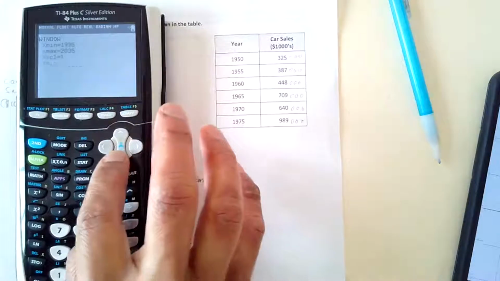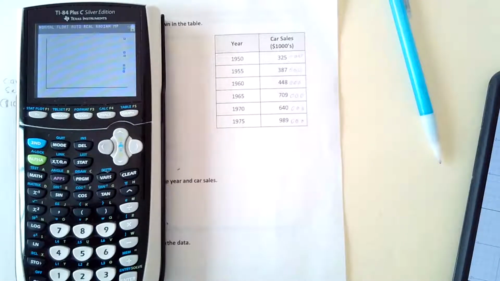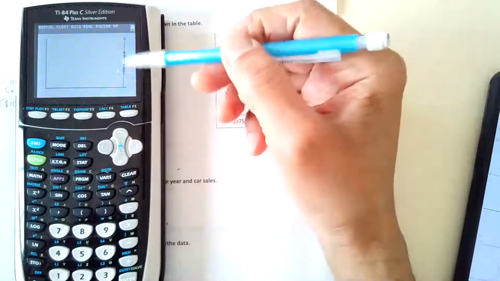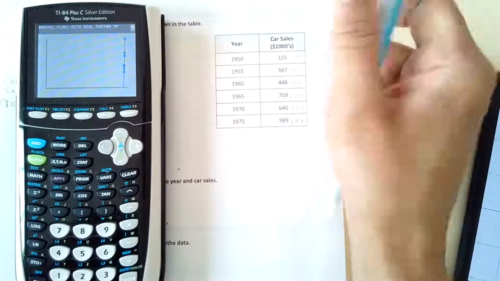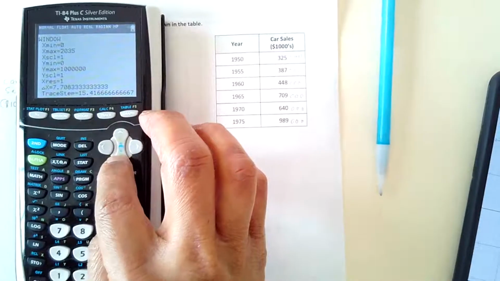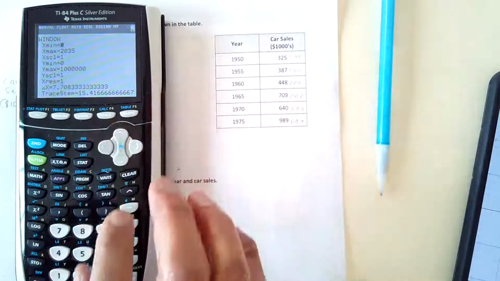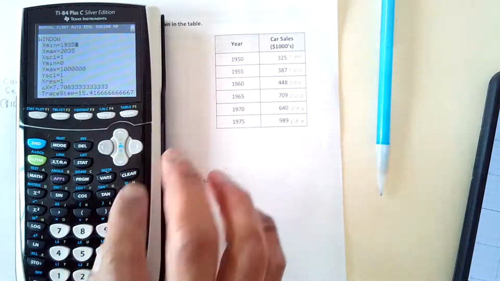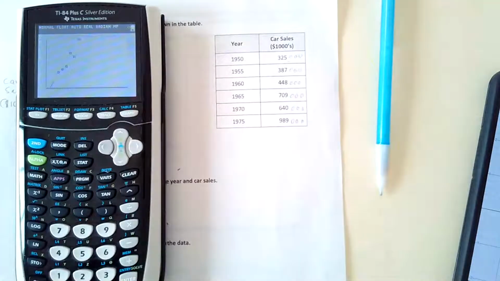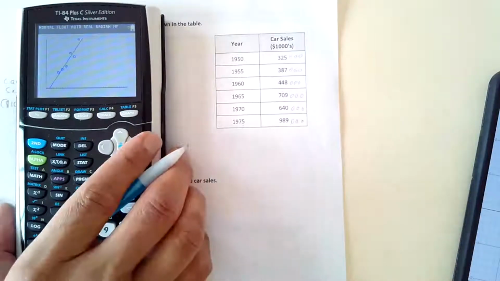But if you would use 0, you'll still get the same result, except the graph doesn't look like a nice slope there. It's very steep. So I'm going to change it back to 1935. And that gives you your linear regression equation.